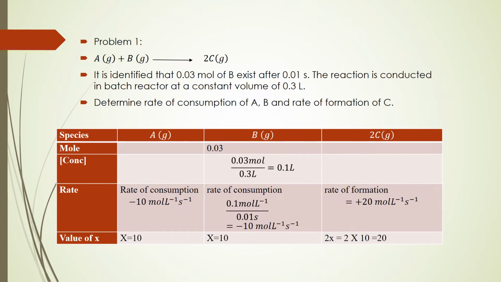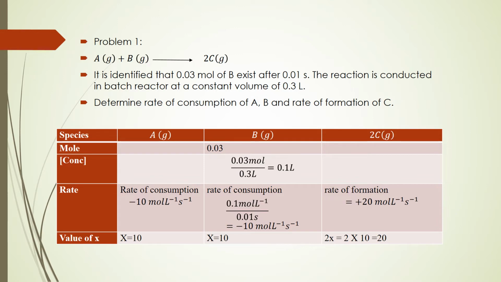For A, in the equation we have 1 mole of A, so when X equals 10, A also equals 10. As for C, there are 2 moles of C, so 2x equals 2 times 10, which is 20.